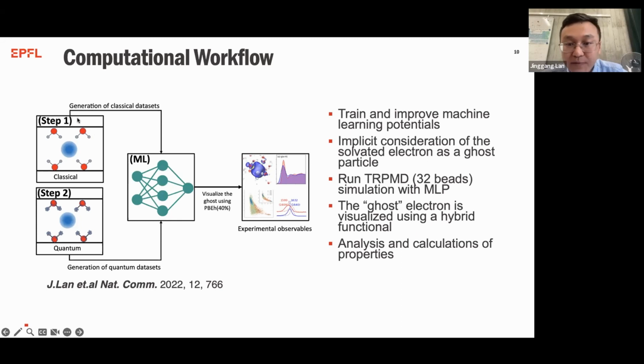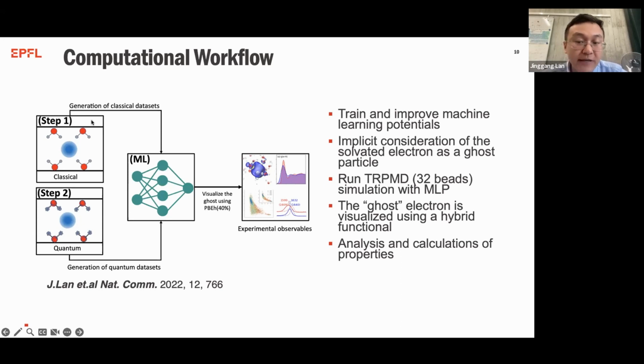Since our initial dataset doesn't include the quantum nuclei phase space, we further select representative configurations of quantum dynamics and recalculate those structures using the MP2 level of theory. And then we have a complete dataset that can handle both classical and quantum nuclei dynamics.